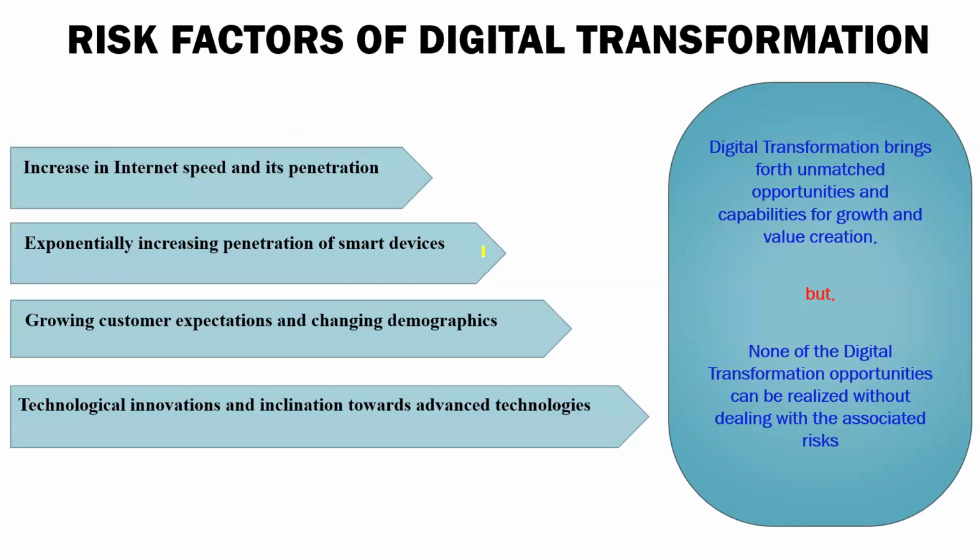First, the increase in internet speed. What do we mean by increasing the internet speed? We all are aware at this moment that we are living in the era of 5G, where theoretically we claim that it can go up to 12 to 13 GB per second, but actually it goes from 1 GB to 3 GB, or in some cases 4 GB.